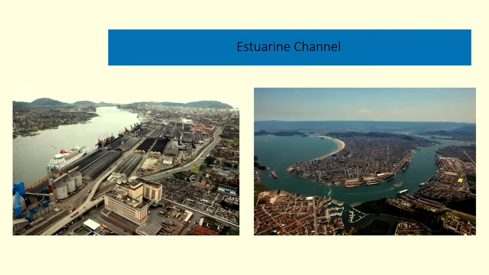Yeah, this is the Estuarine Channel. This is the port channel, and you can see that the city of Santos is here, and the city of Cubatão, which is an industrial area just around the port. Yeah, and then that's the port also, yeah. Okay.